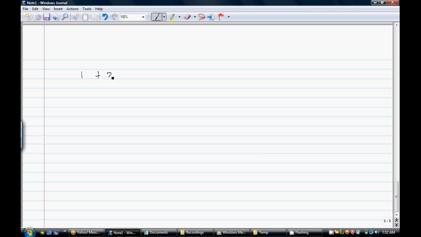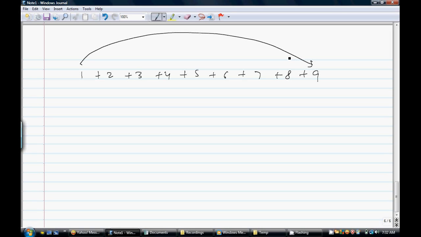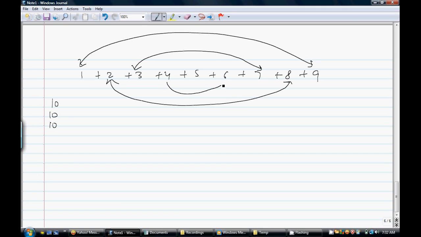So we have 1 plus 2 plus 3 plus 4 plus 5 plus 6 plus 7 plus 8 plus 9. You can see that 1 and 9 add up to be 10. Then 2 and 8 again add up to be 10. And 3 and 7 is again 10. And then 4 and 6 is again 10.